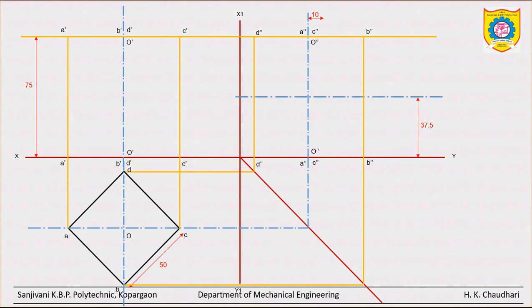So first of all, just see this offset of 10 mm and draw a vertical line there. Now the point we got, that is point O1 dash, double dash.